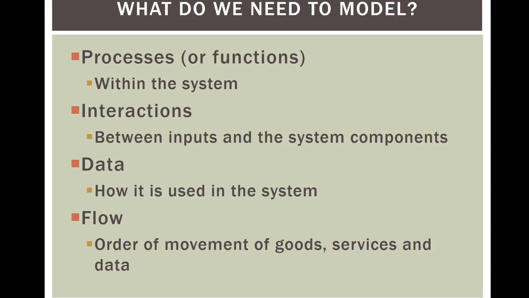And the things that do happen are processes, interactions, and interactions are within the system, subsystem. There are different components, different things that do things, and so we're seeing those interactions.